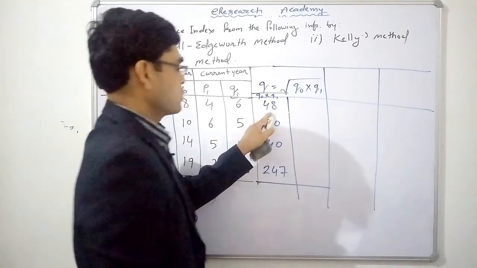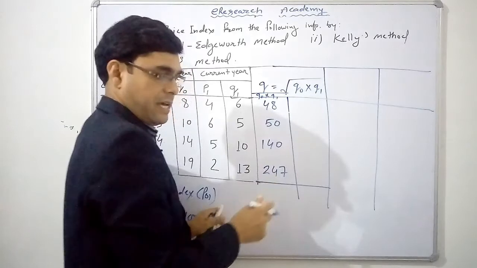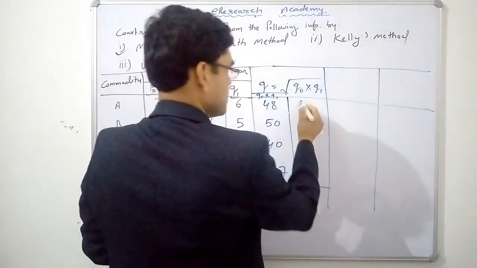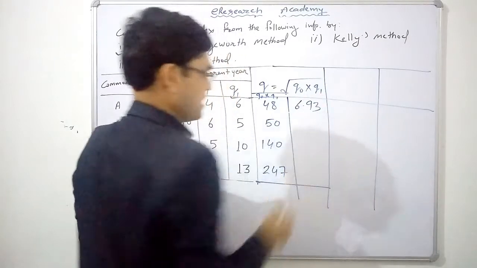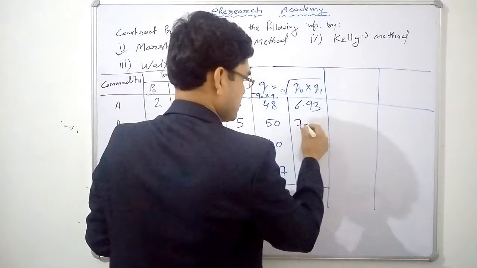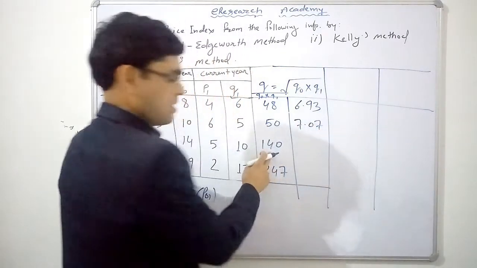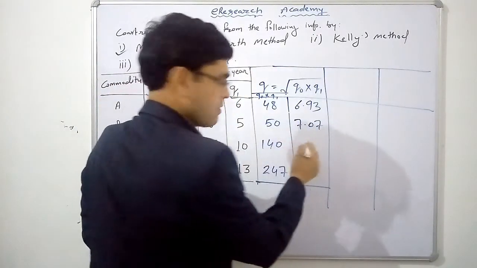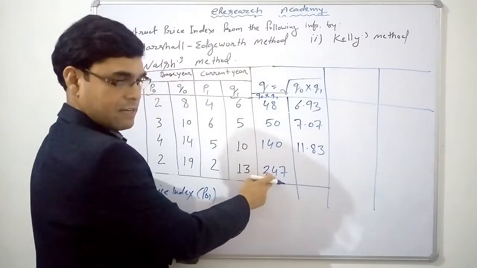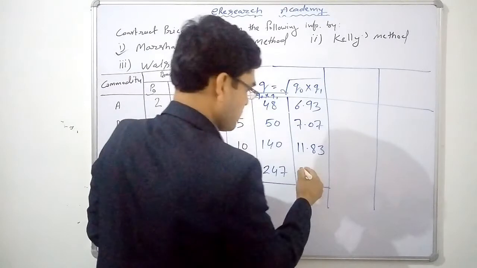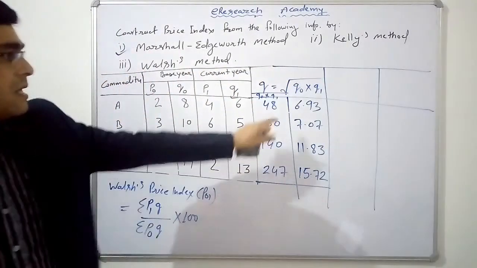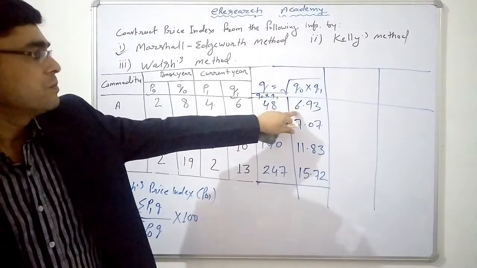For 48 it is 6.93, for 50 it is 7.07, for 140 it is 11.83, and for 247 it is 15.72. Okay, so this is our Q.